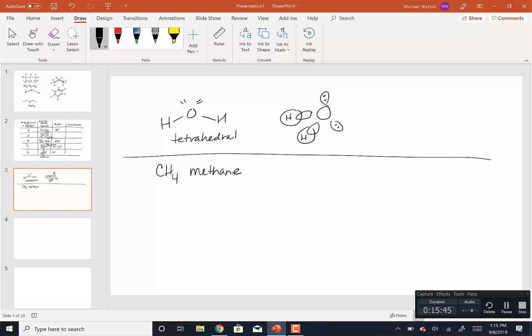So methane is methane, and what was known was that methane was CH4. So the question comes up, well, what's the structure of methane? There are different layers of structures here, even that you went through in general chemistry.